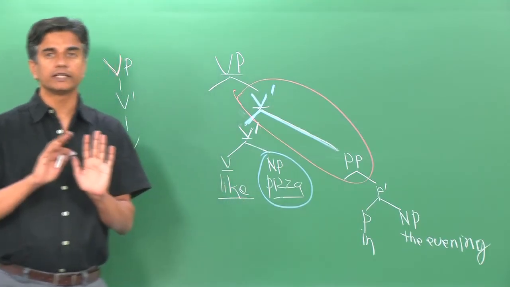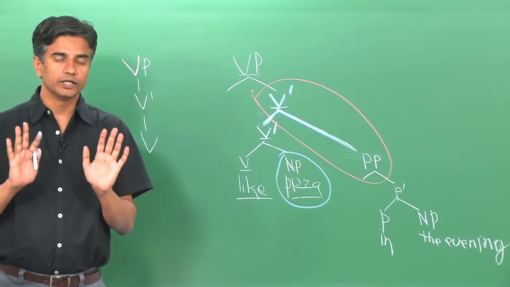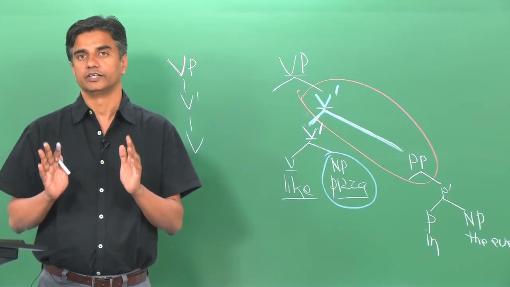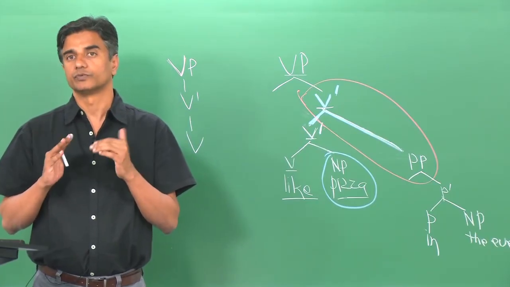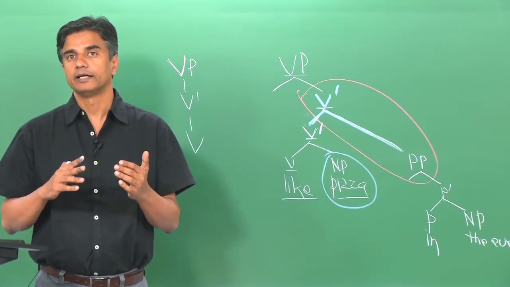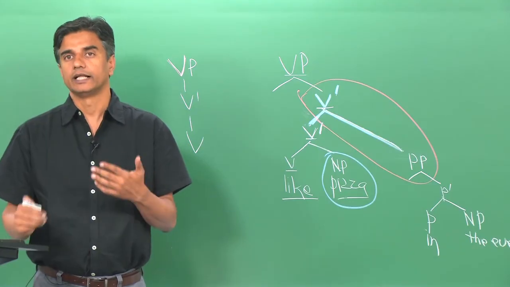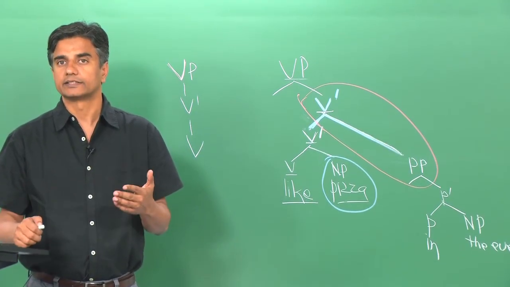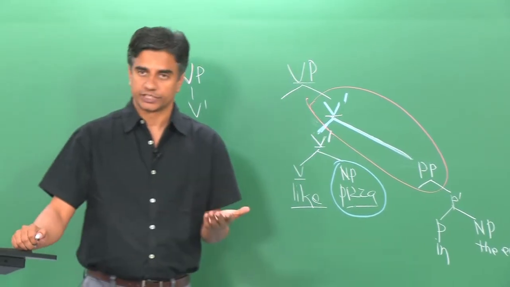This we can capture beautifully with the notion of this whole structure, which is known as X bar, where X is a variable, where different lexical elements can be projected.